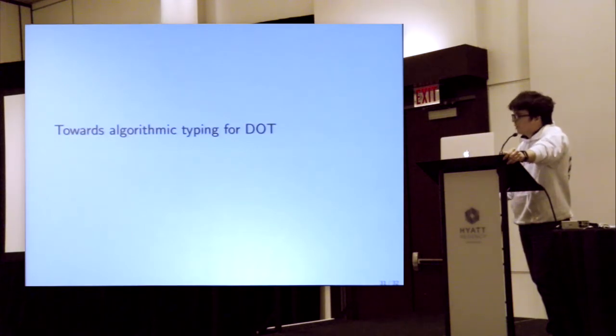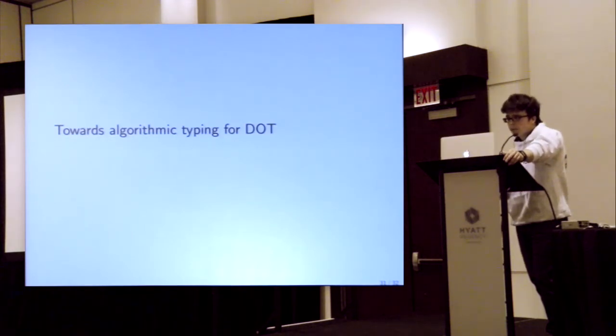Okay. So there exists an increasing body of work on using DOT to model different Scala features and reason about them. But all of that body of work so far is not implementable because it all uses declarative as opposed to algorithmic typing and subtyping rules.